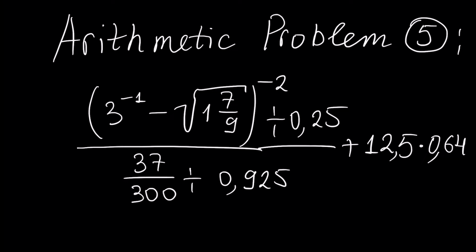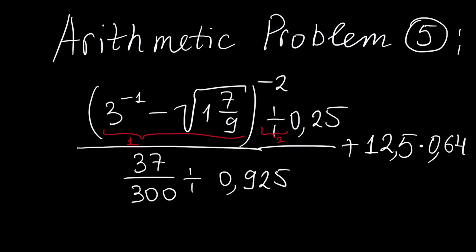How to approach this problem? First of all, as usual, we have to fix an order of operations. And first of all, as we know from previous arithmetic tutorials, we perform everything inside brackets. That's why first we do this one, number 1, and next number 2 will be this operation.